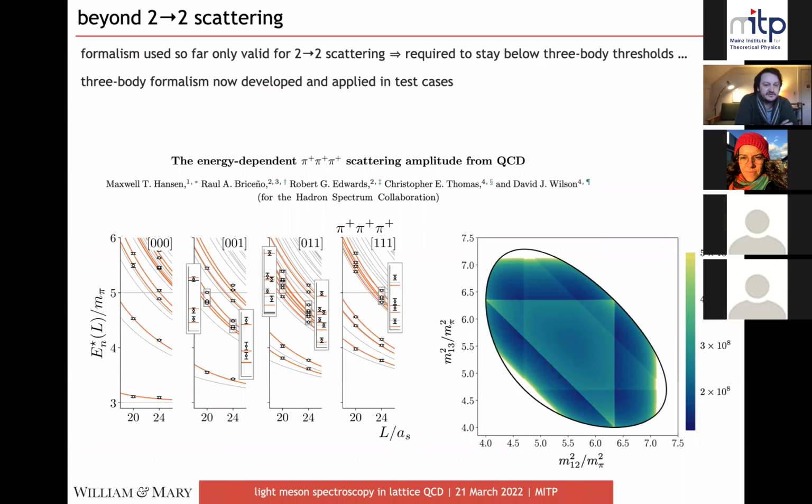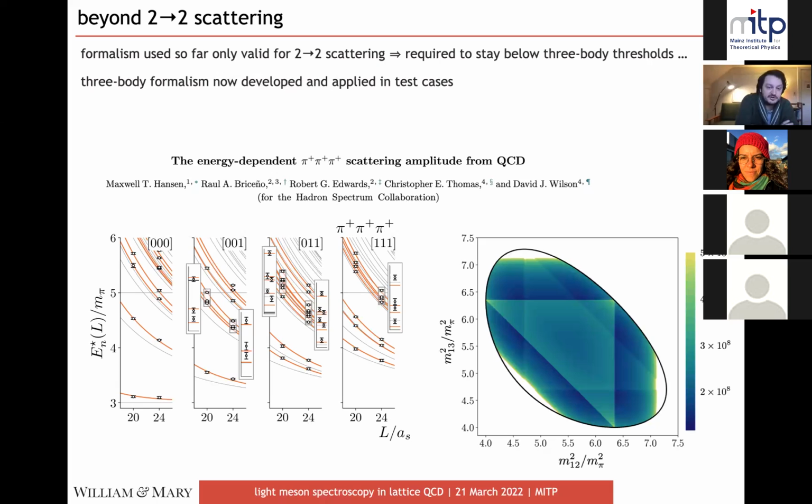You have to include it in your T matrix. And the formalism I've shown you so far is restricted to two-body scattering. A formalism to describe three-body scattering in finite volume is significantly more complicated and has been in development for over 10 years. But those formalisms are now in place and are being applied to actual calculations.